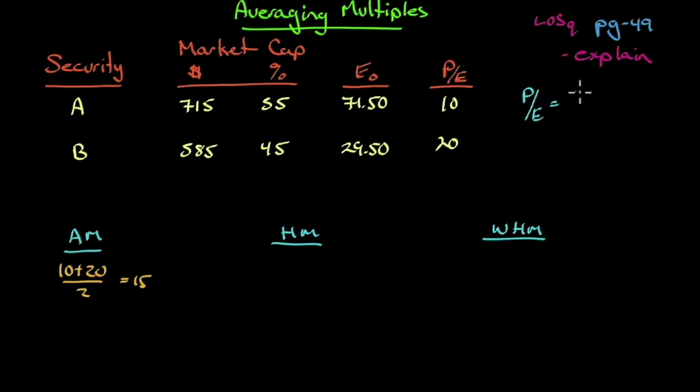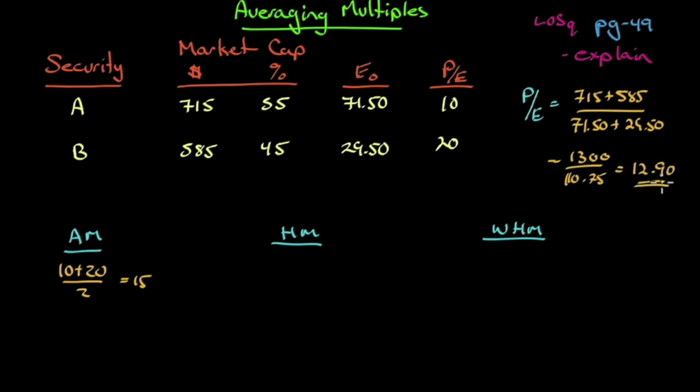Well, what's our price? Our price is 715 plus 585. And what's our earnings? It's 71.50 plus 29.50. And if you add these two up, you'll get 1,300 over a denominator of 110.75, which will give us 12.9.